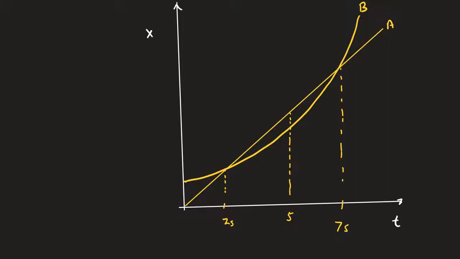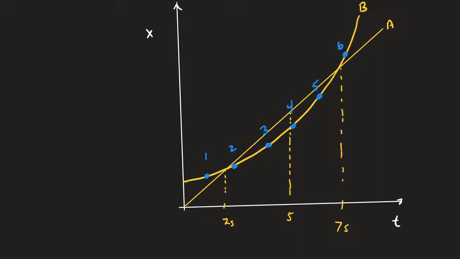But if I want to look at a place where they have the same speed, I'm looking for where a tangent line at one of these points would have the same slope as A. So if I label this point 1, 2, 3, 4, 5, and 6, consider tangent lines for each of those. You guys do know what a tangent line is, right? So where would a tangent line at one of these points be about the same slope as A?